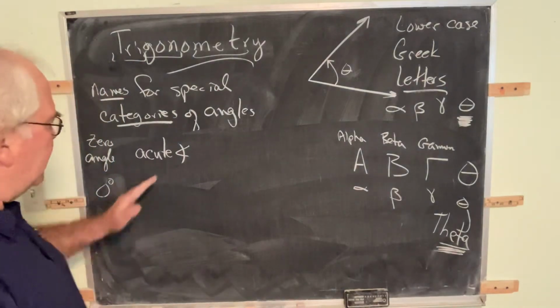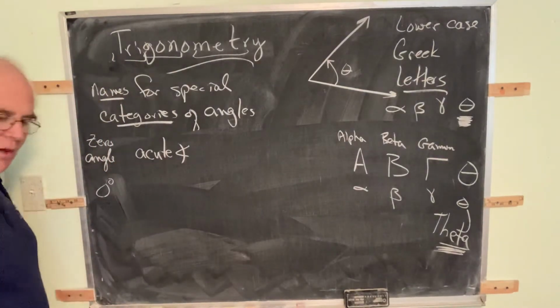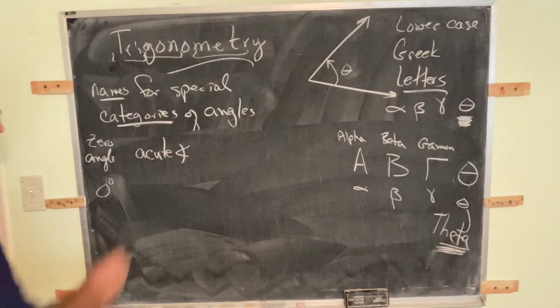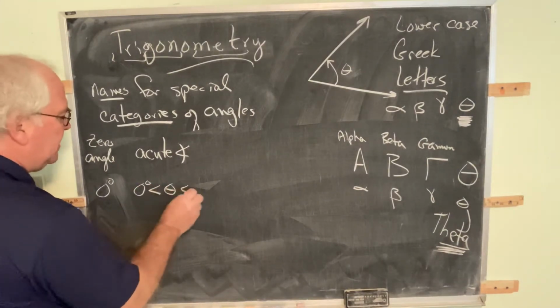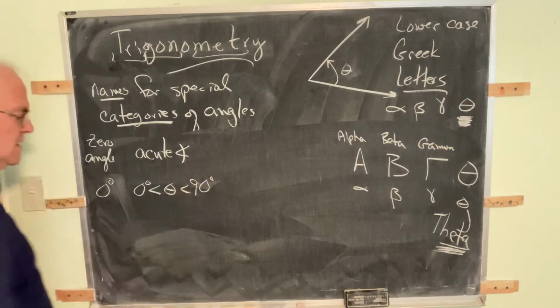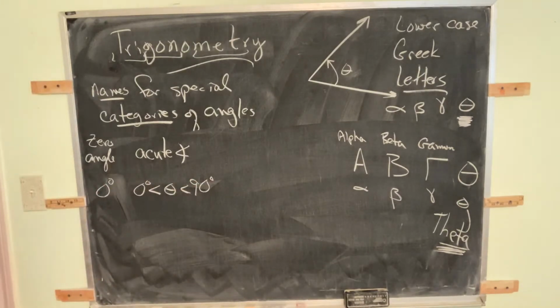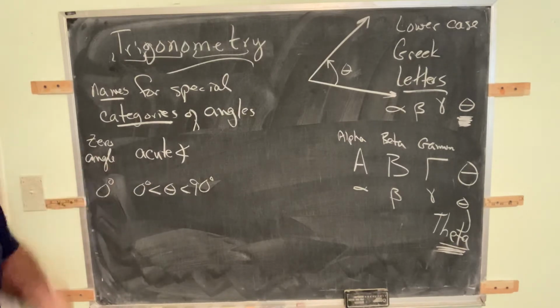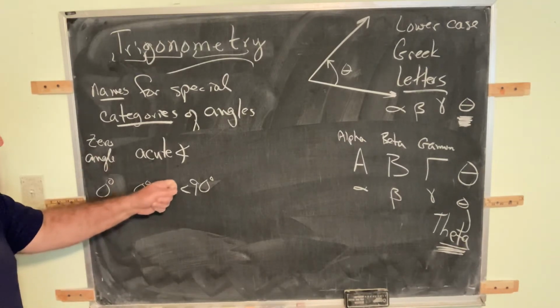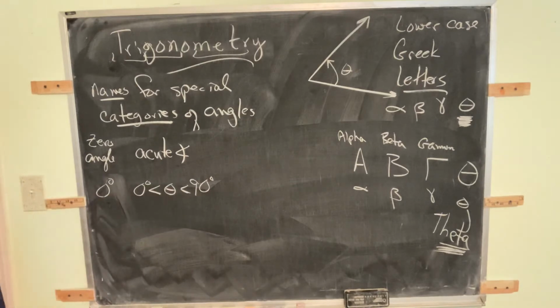And so an acute angle. For an acute angle we have 0 degrees is less than theta is less than 90 degrees. Notice my degree symbols. All right? Theta is assumed to be in degrees. When you write the variable, you don't need the degree symbol, but the numeric values we will.